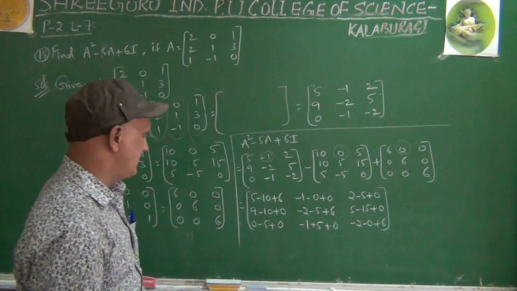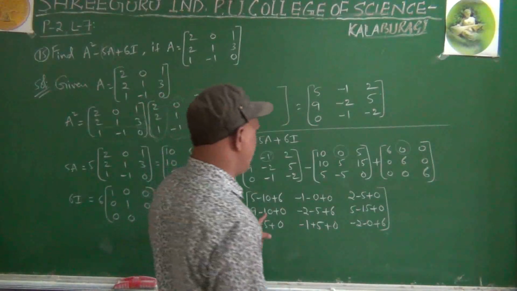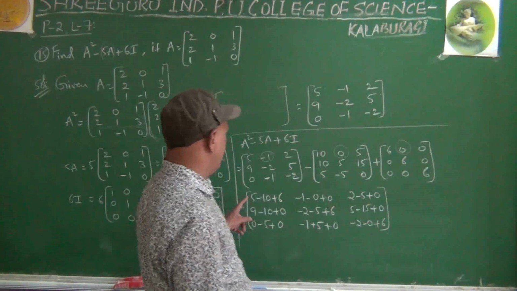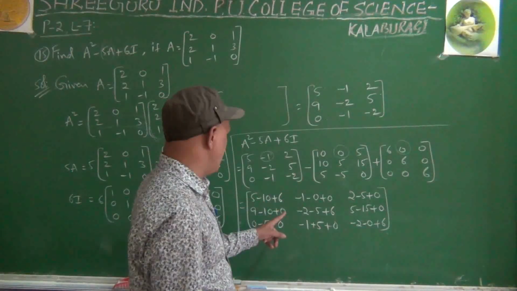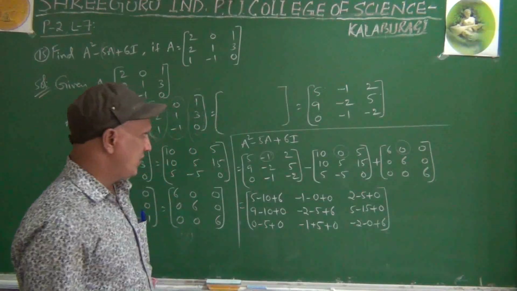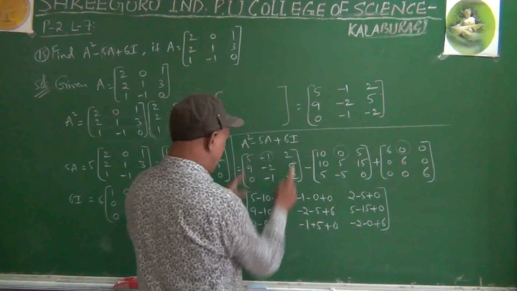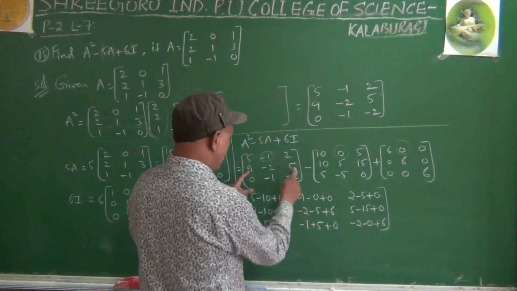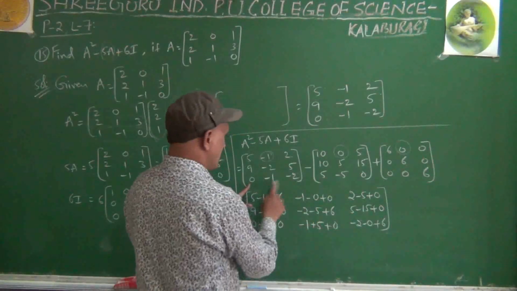Now the three matrices: 5 minus 1, 5 minus 10. 5 minus 1, 2; 9 minus 2, 5; 0 minus 1, minus 2.